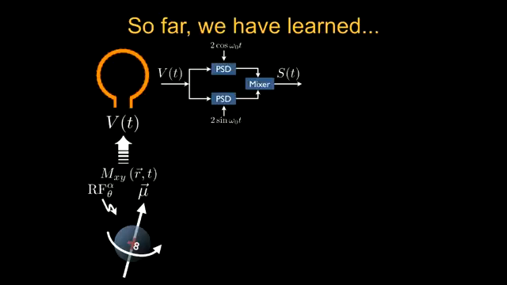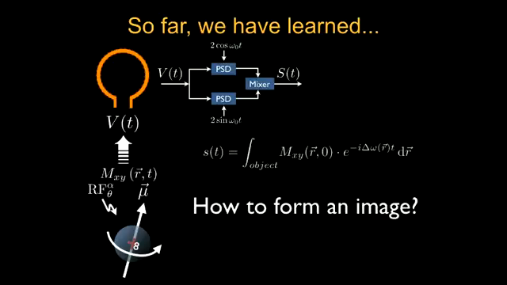I borrowed from Dan's slides. So far we learned that from the magnetization, you record the signal and the voltage information, and then you get S of t, which is the signal function. The signal equation is given by your Mxy and the magnetic field encoding. The next question is how do we form an image, right?